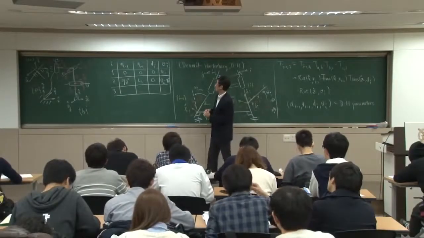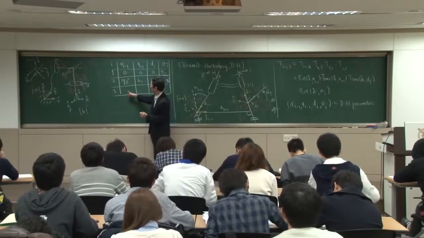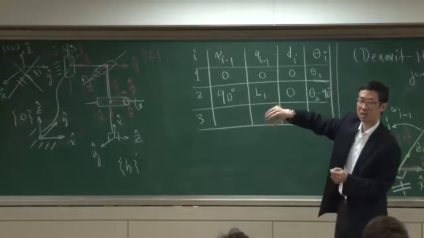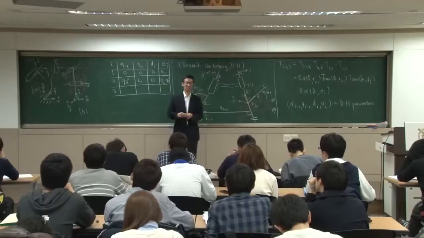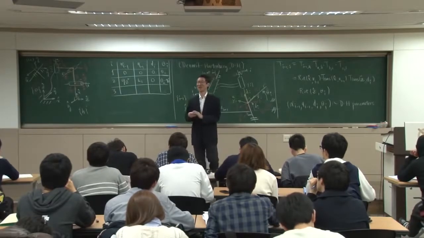Okay. Third row. Let's now go from frame 2 to frame 3. First, rotate around the x-axis by how much? Okay, so our audience participation day is not going very well so far.